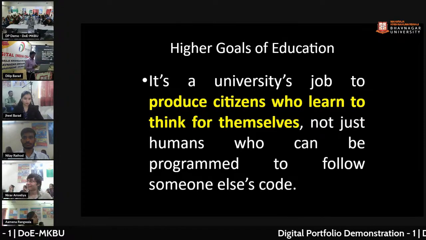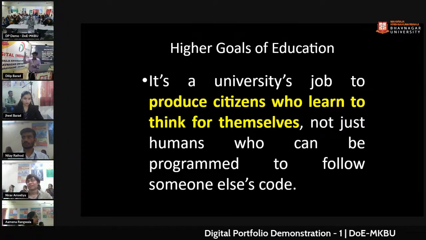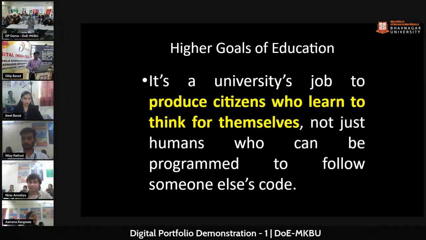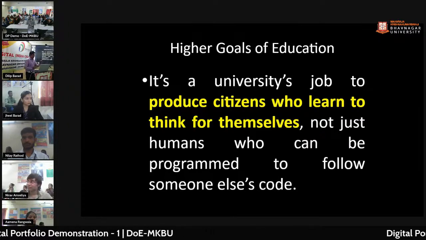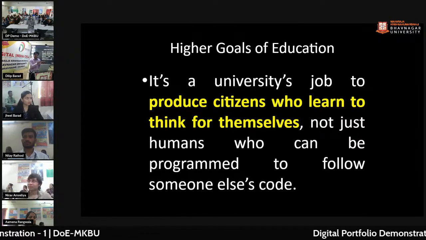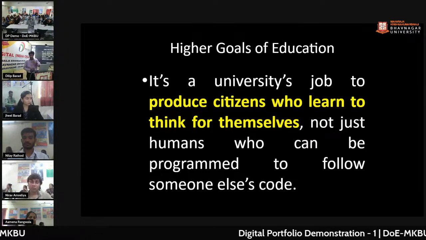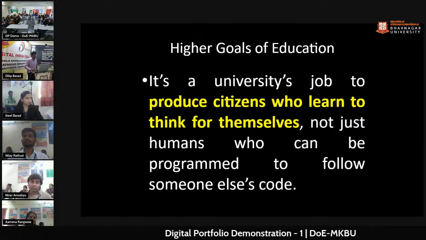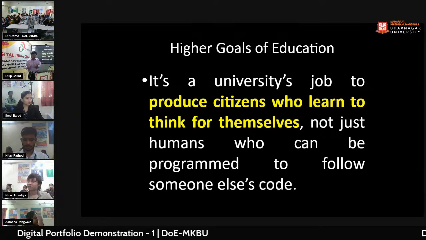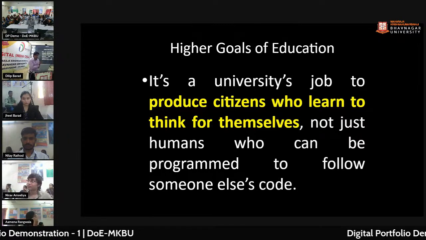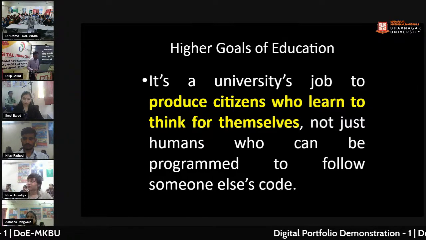So you will not be programmed by anybody's language to do what they want you to do. In your own way, you will think, why should I do this? If you are convinced that this is good to do, this is helpful to do, then you will walk on that path. Five years of literature, if it is in your mind, you can now view in a better way and understand this role of the university also.